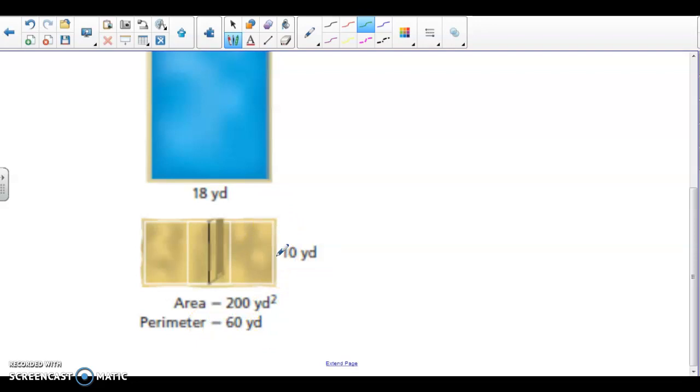Now there's two ways you go about this. If this is 10 and the area is 200, we know that the area of a rectangle is the length times the width. Then length times width would equal 200. And then you could find out that the width is 10, so you'd say 10L or 10W, either way.